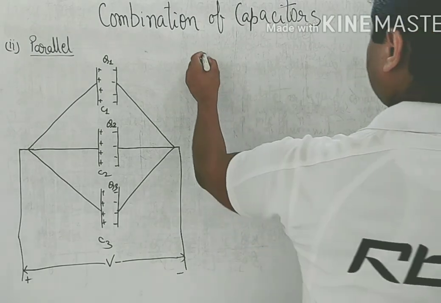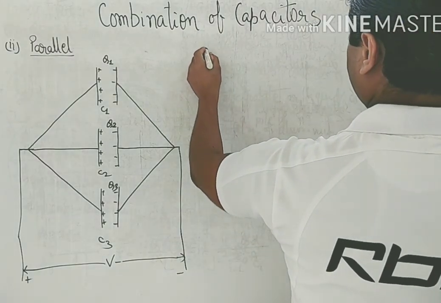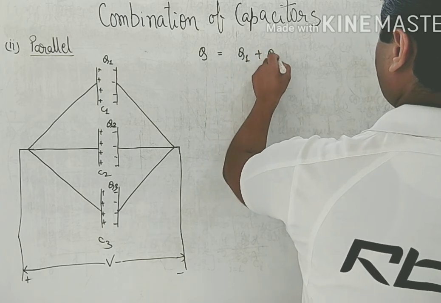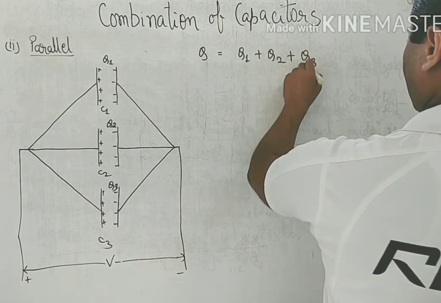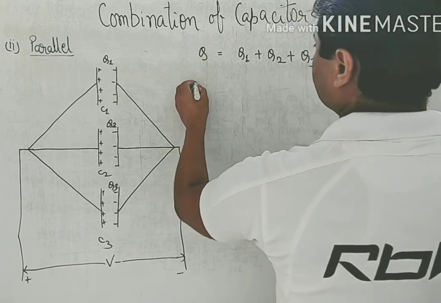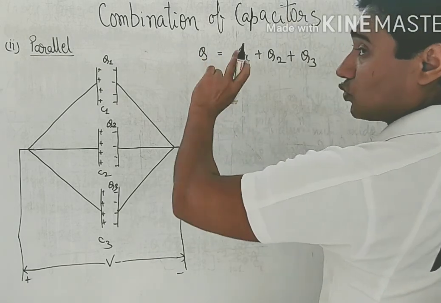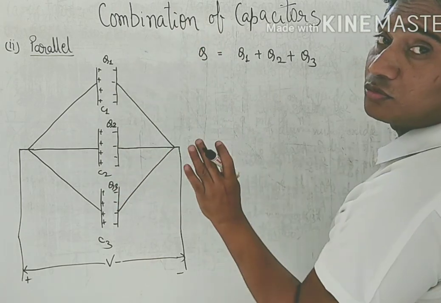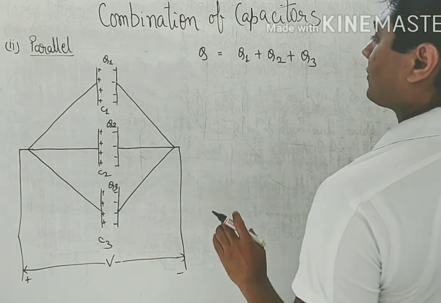So as per the conservation of charge, we can write Q equals Q1 plus Q2 plus Q3. Now this is the value of charge stored in that single capacitor representing this combination of three parallel capacitors.